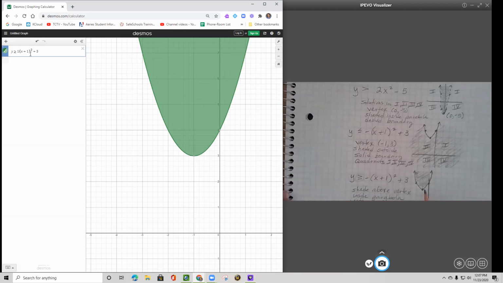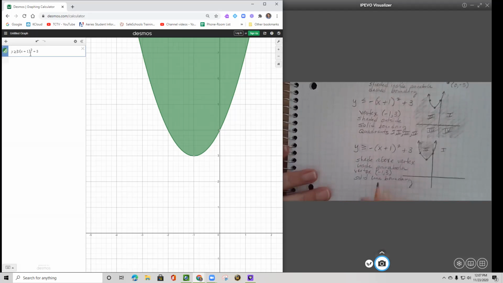But now my solutions are in quadrants 1 and 2, not in 1, 2, 3, and 4. So with those 3 examples, give lesson 2 a shot.